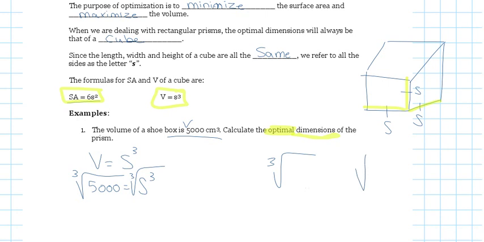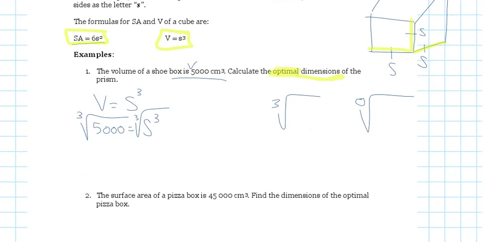So on the calculator, you're going to have to do cube root of 5,000. And that would give you your side length. If you did not find the button on the calculator, let me know. What did you get when you did cube root of 5,000? 17, and that is your side length.